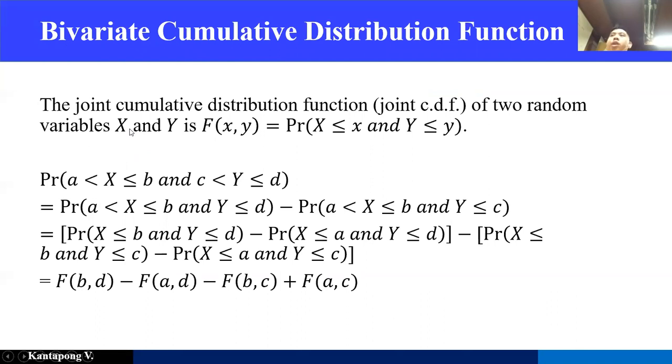The next concept: the bivariate cumulative distribution function. For the first case, the one-variable case, we have only this one. And for the two-variable case, we have this one. So how do we calculate this?